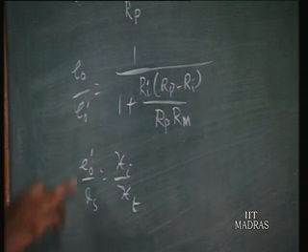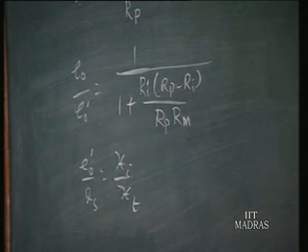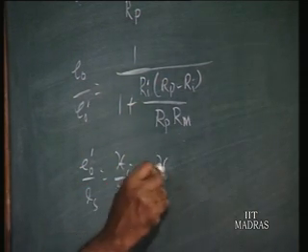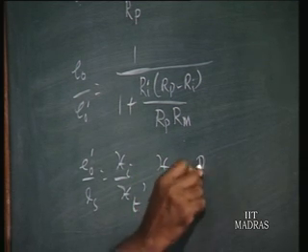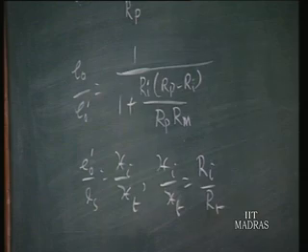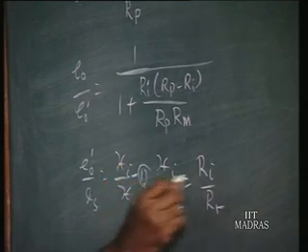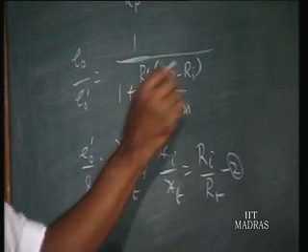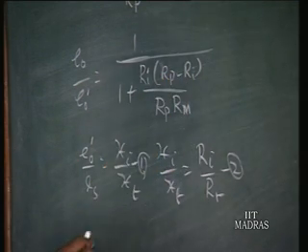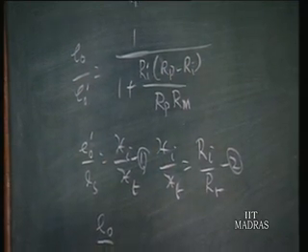That is, open circuit voltage is always proportional to Xi. That is one equation, and then Xi by Xt is equal to Ri by Rt. So using these two equations, the equation for loading effect can be rewritten in terms of Eo by Es.